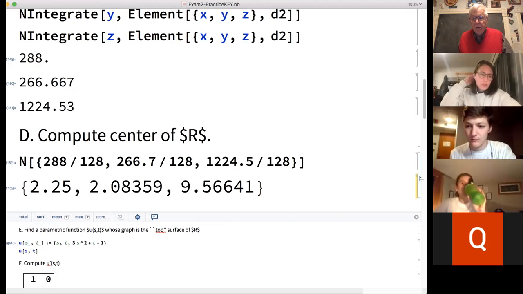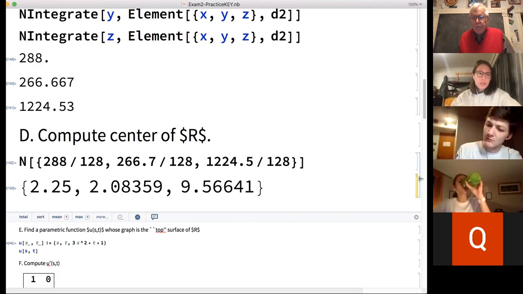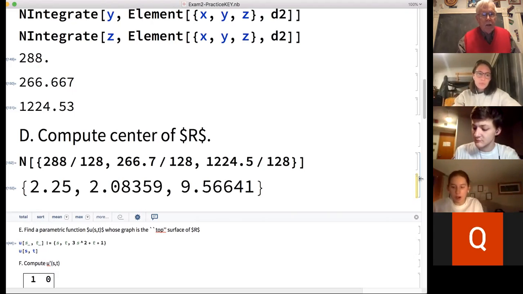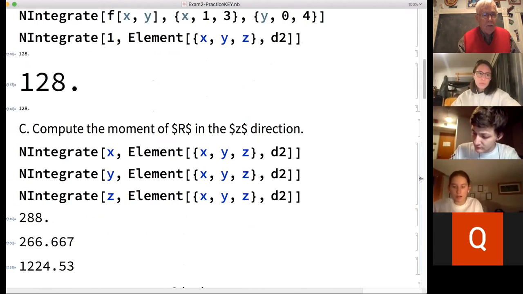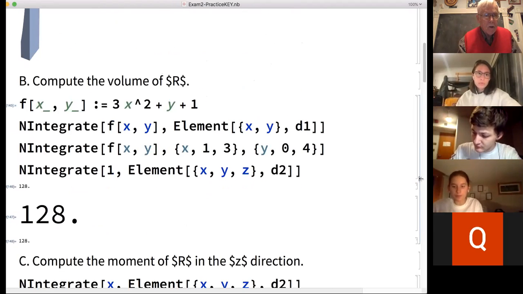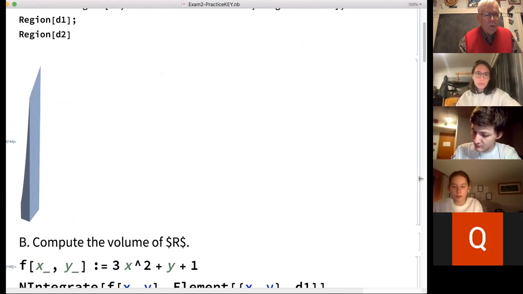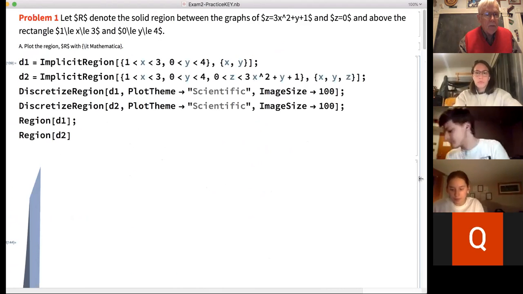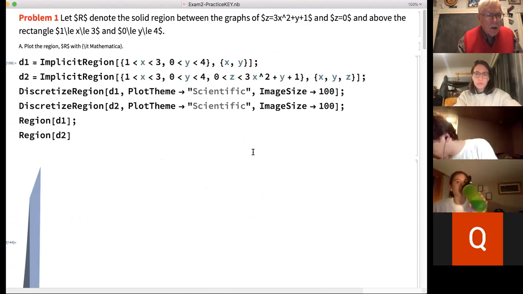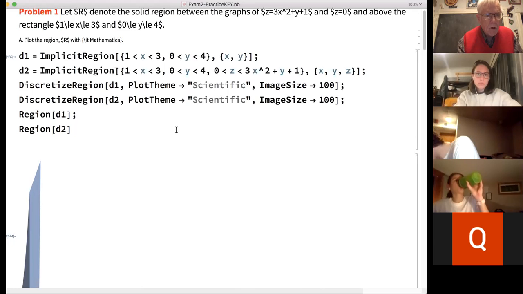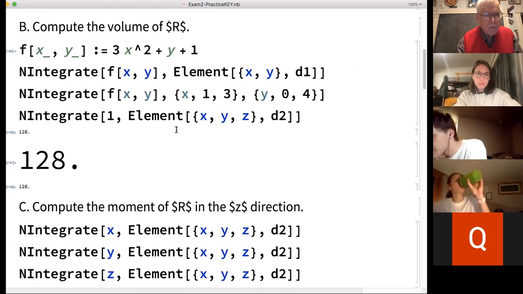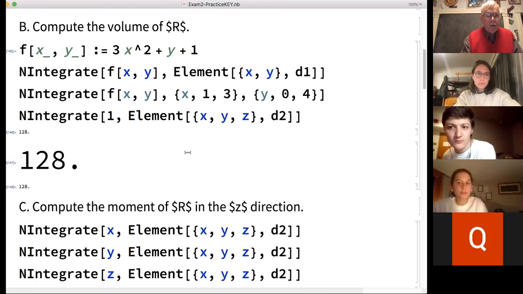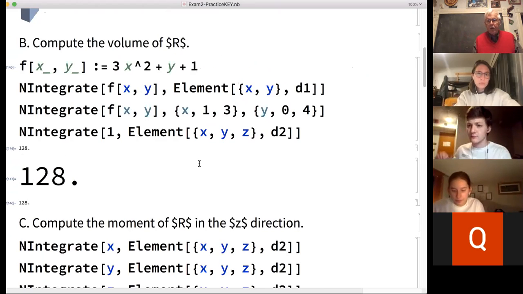Professor Homke, I have a question. How would computing the center change if the density varies over the region? So then it changes. So let's do one like that. Oh, here we're integrating. So what would you like the density to be?